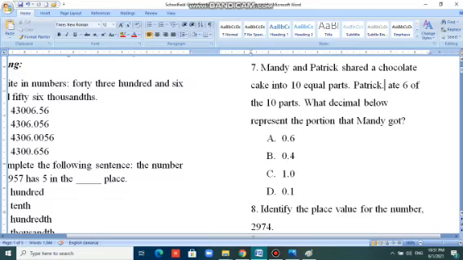Because Mandy got 4 out of the 10, the decimal for that is 0.4. So the answer is B, 0.4. Alright?